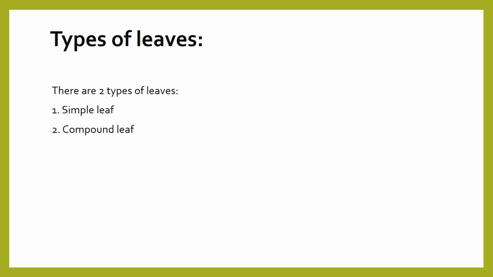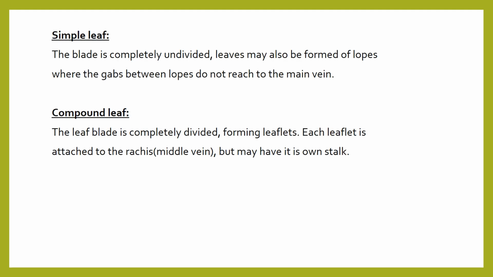There are two types of leaves: simple leaf and compound leaf. Simple leaf: the blade is completely undivided. Leaves may also be formed of lobes, where the gaps between lobes do not reach the main vein.